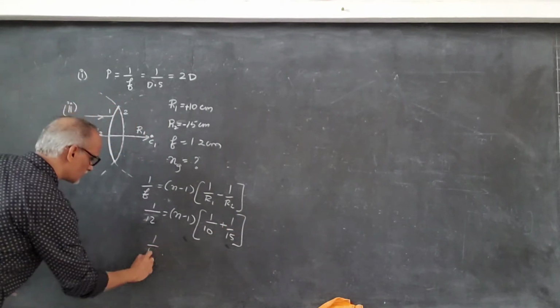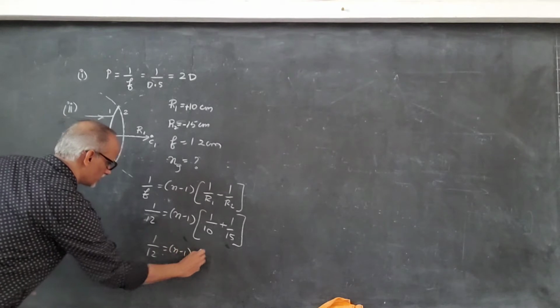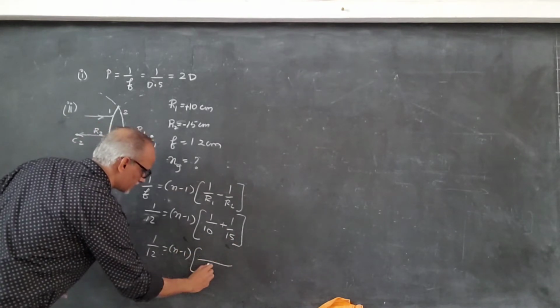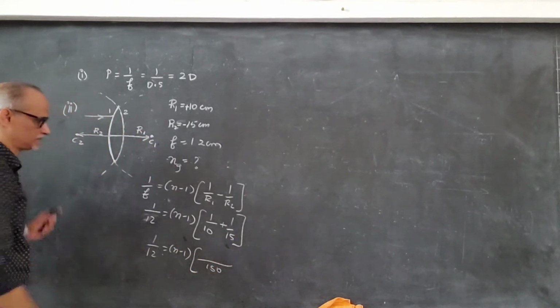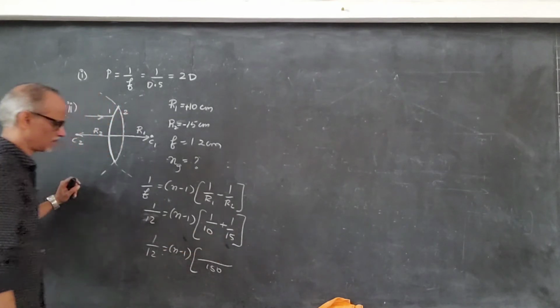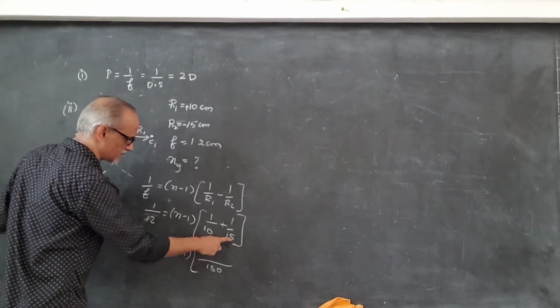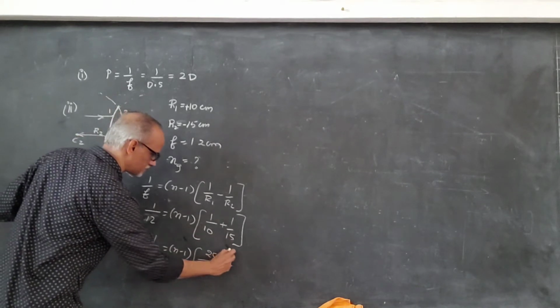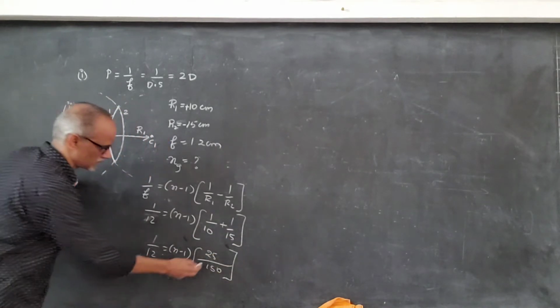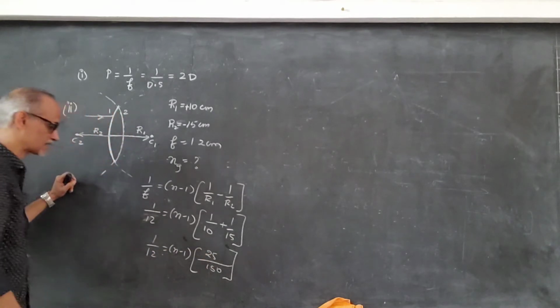If I take the LCM here, I will get 150 in the denominator, and in the numerator, 15 and 10, I will get 25. And 25 into 6 is 150.